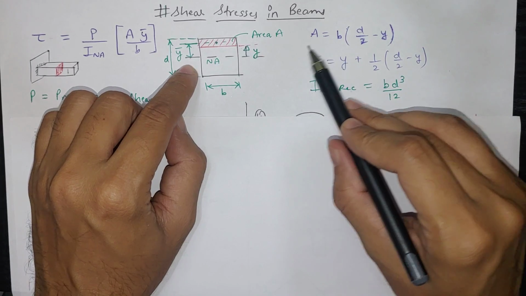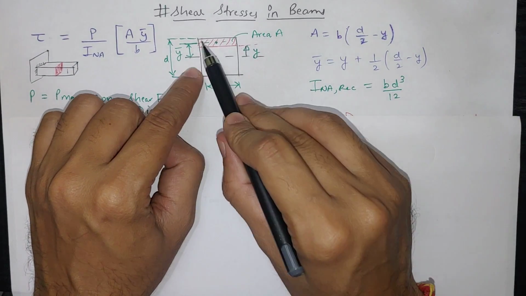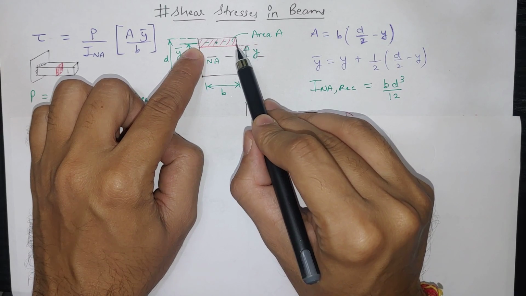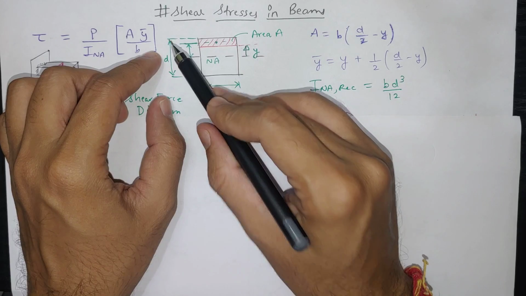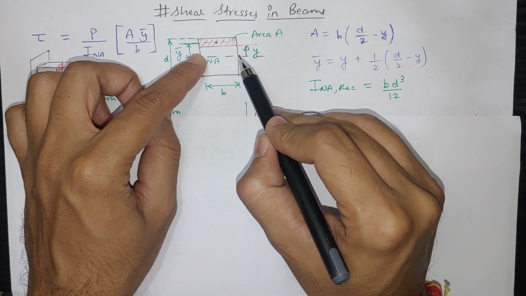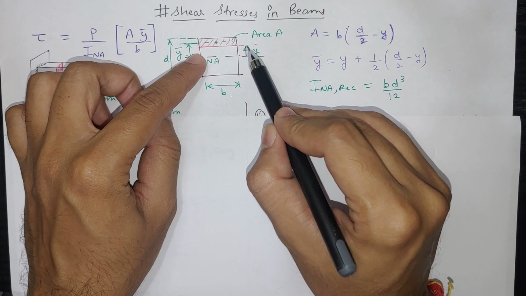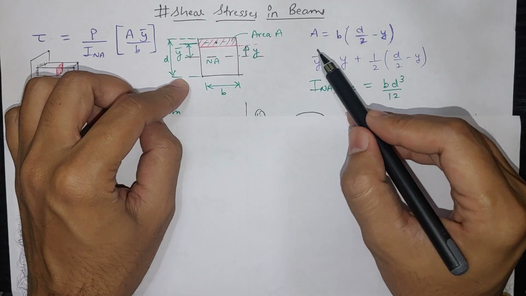Now if you have to find the area, it is this b distance into the height of this area. So the height we have to find: d divided by 2 will be this half section, half length, d divided by 2 minus y. If we do that, then we will get this particular height. So that is how we have to find the area.